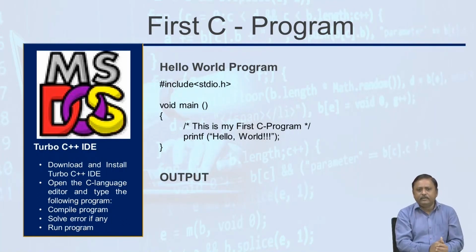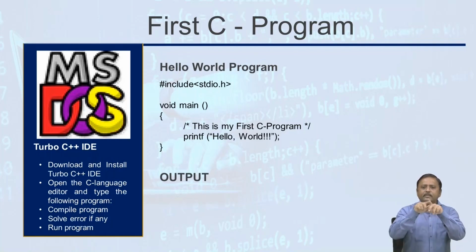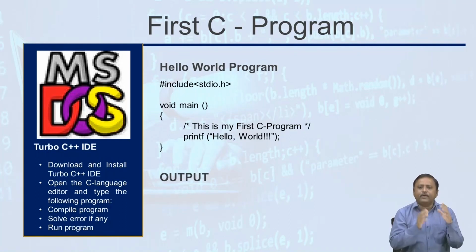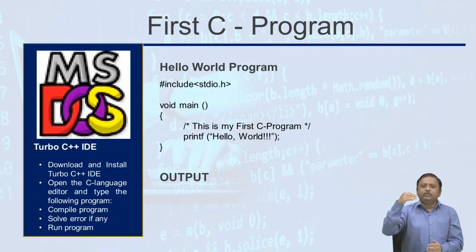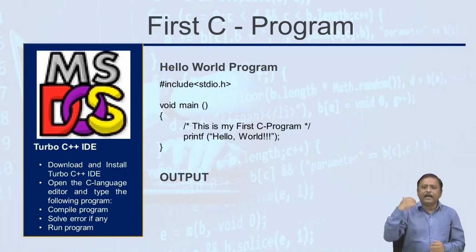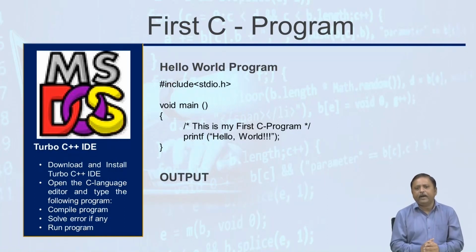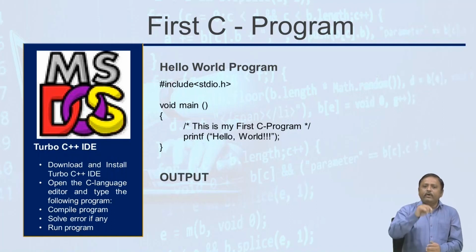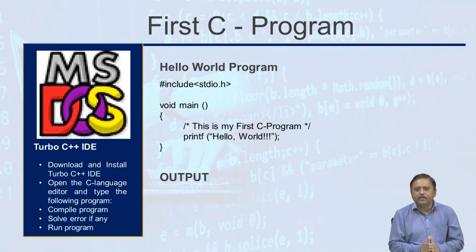Between these two braces, we have to write our code. You can see a comment in the very first line saying this is my first C program, and the second statement is the printf function. Now this printf function is not written by us, it is provided by the stdio.h file. So you just have to use the function printf.